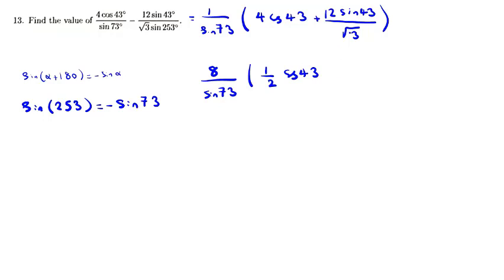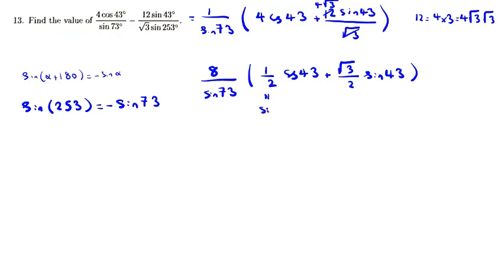And if we consider this number, 12 over root 3, you can say, okay, it's 4 times 3. 3 is root 3 times root 3. Because 12 is 4 times 3, it is 4 times root 3 times root 3. If you divide it by root 3, then we have this. If we factor from 8, then we have root 3 over 2 sine 43.